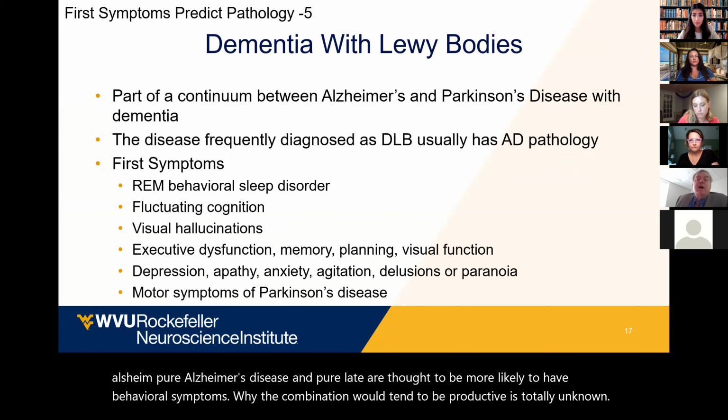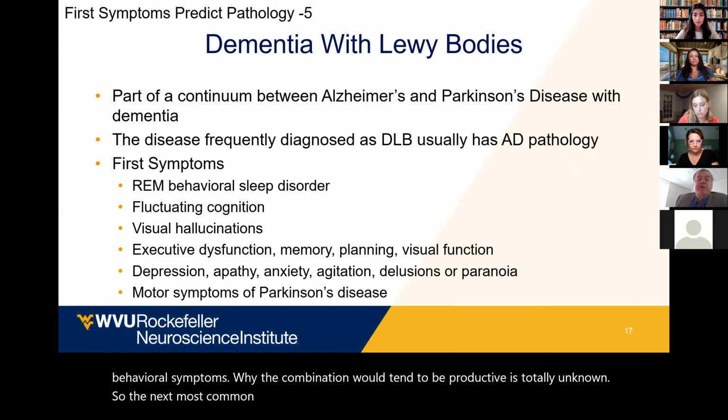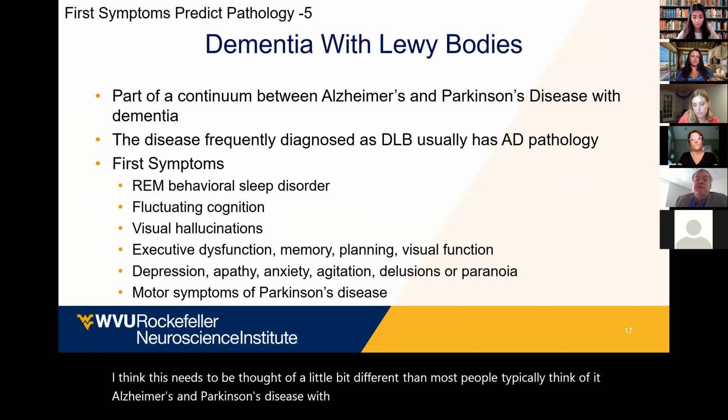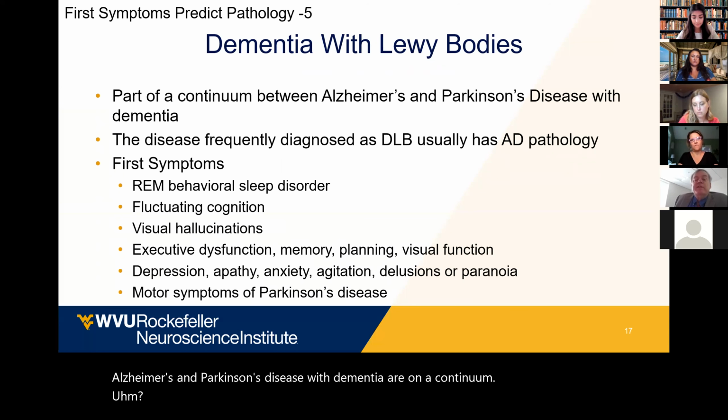So the next most common diagnosis that I make is dementia with Lewy bodies. And I think this needs to be thought of a little differently than most people typically think of it. Alzheimer's and Parkinson's disease with dementia are on a continuum. The disease that's most frequently diagnosed as dementia with Lewy bodies almost always has Alzheimer's pathology.